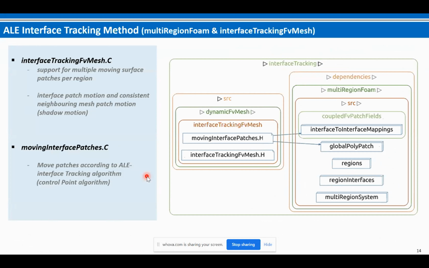Here you see the interface tracking directory with dependencies to the multi-region foam, which we have discussed earlier.